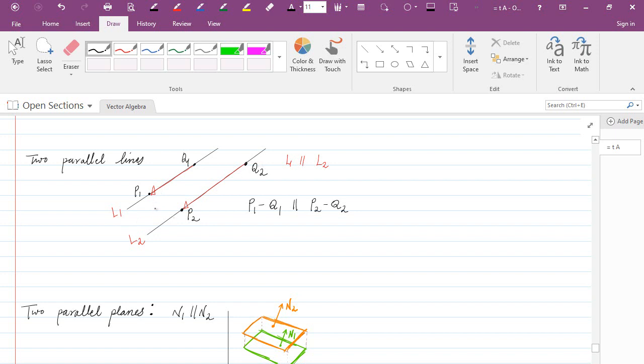Then P1 minus Q1 is a vector parallel to L1. P2 minus Q2 would be a vector parallel to L2. So we say that L1 and L2 are parallel lines if P1 minus Q1 is parallel to P2 minus Q2.